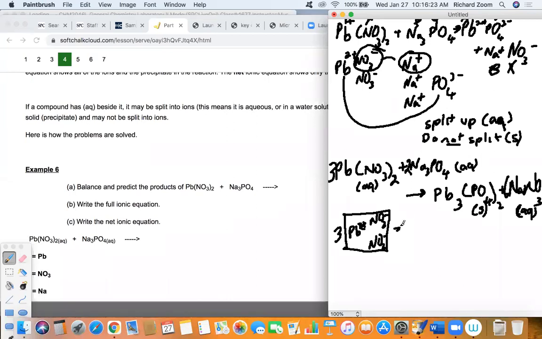The other one will be 2 boxes that contain 3 Na plus and PO4 3 minus.